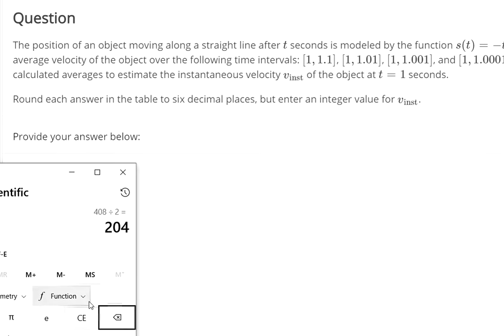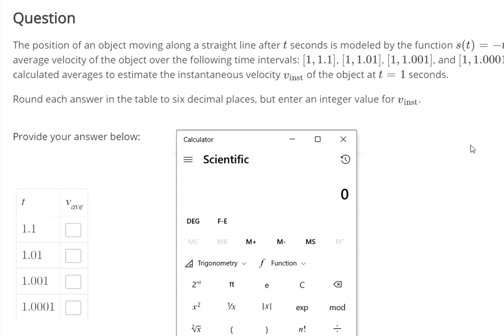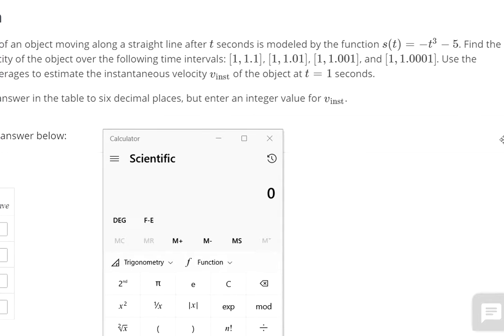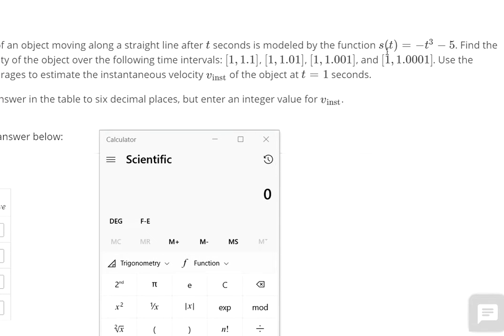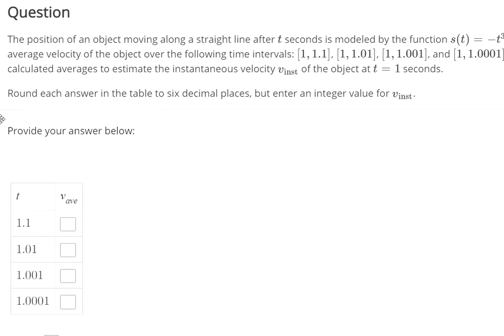So for t is 1.1, well, actually, first what we want is to know what the value for s is when t equals 1. If you plug in 1 into this function, 1 to the third is 1, so negative 1 minus 5 is negative 6. So at t equals 1, we get negative 6 for a value.